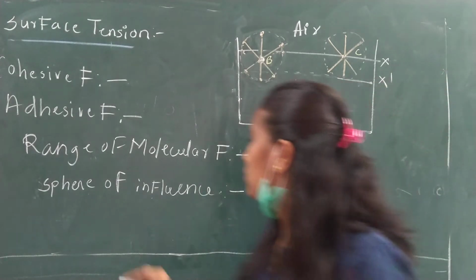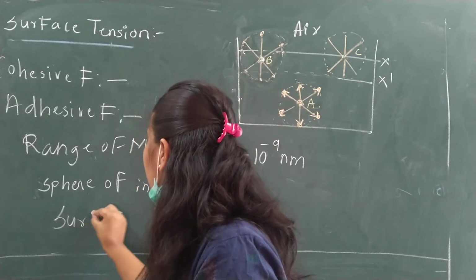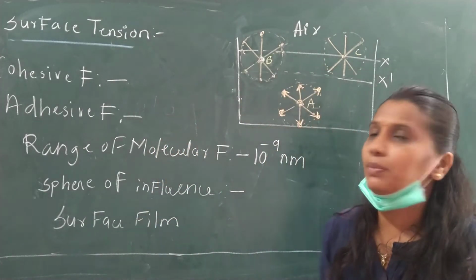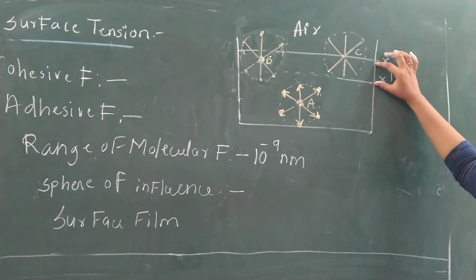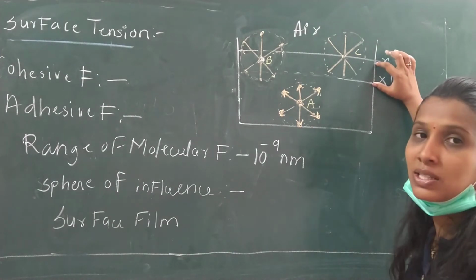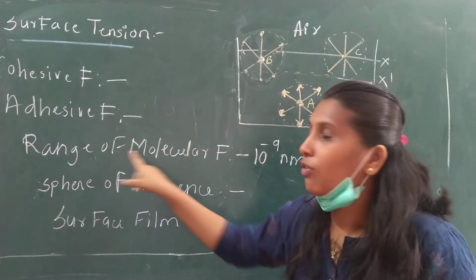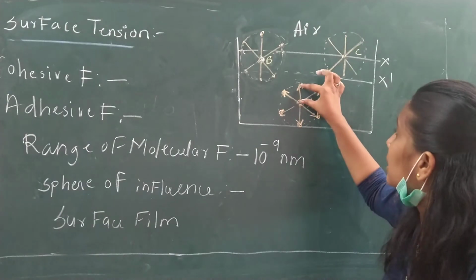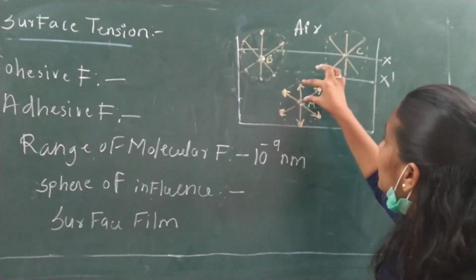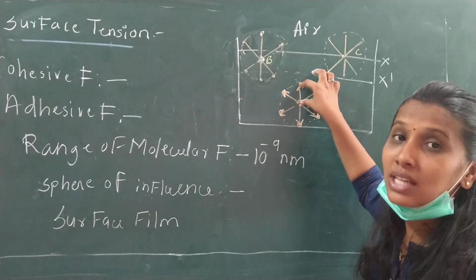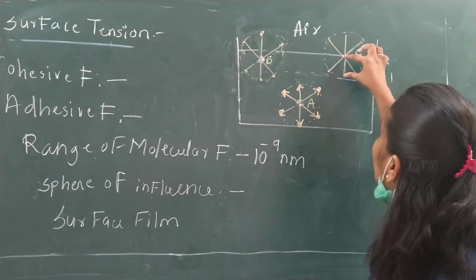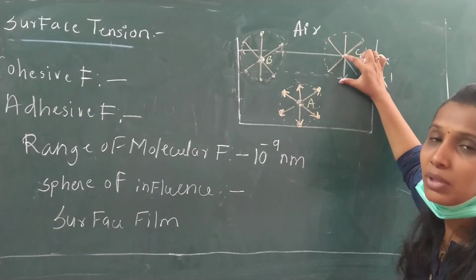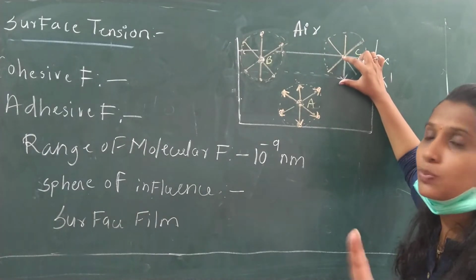After that, the topic is surface film. Surface film means this one. Surface film always has a thickness equal to the range of molecular forces. The sphere of influence also has a radius equal to the range of molecular forces, meaning the attractive forces are still effective here. So this range is effective up to the radius of your sphere of influence.